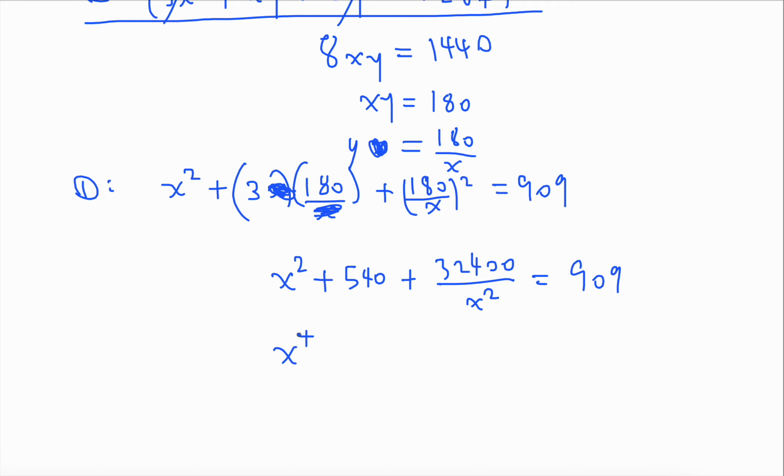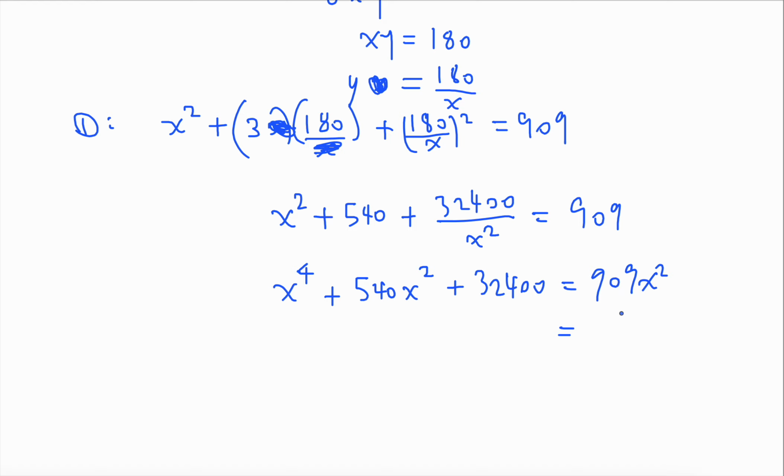We have x to the 4 plus 540 x squared, since I'm just multiplying everything by x squared, plus 32400 equals 909 x squared.